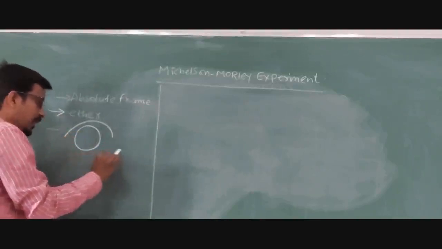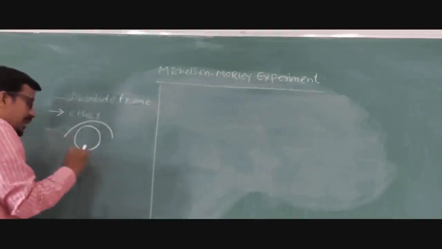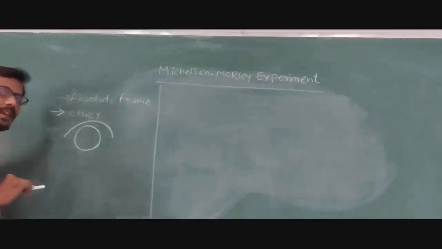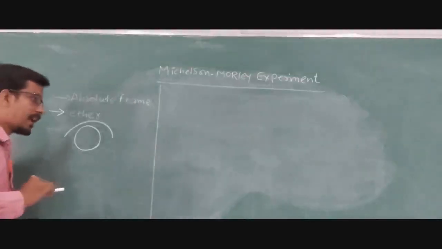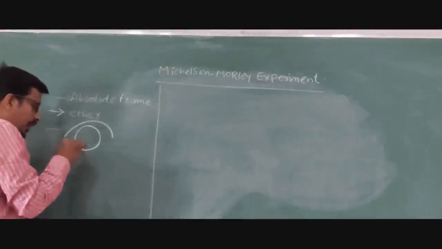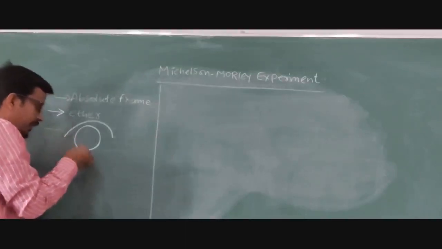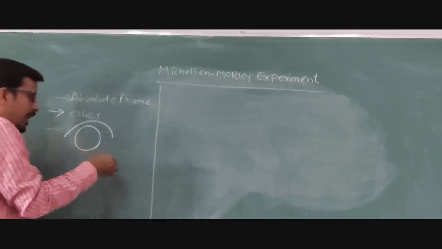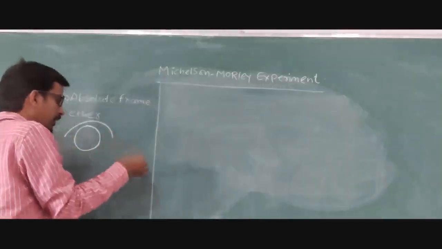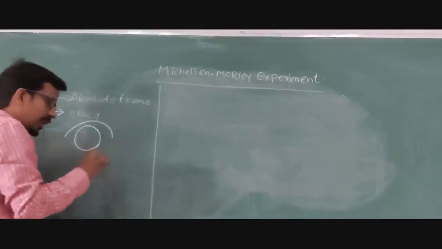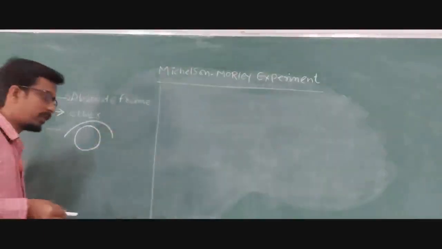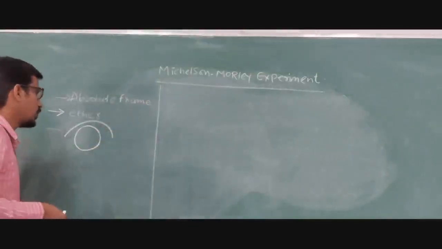You want to determine at the initial position and the final position by sending light from one medium to another. Light is sent at the starting interval when the Earth is in rest position, and we want to determine when the Earth is in motion. GA and G dash A dash. I will draw the diagram. From the diagram you can understand what the Michelson-Morley experiment wants to know.